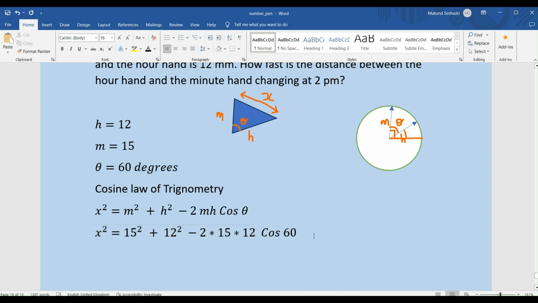So let's take a minute to work this out. What are we arriving at? 15 square is 225, plus 144, which is 12 square, minus 2 times 15 times 12 times cos 60, which is 1 by 2. The 2 in the numerator and the 2 in the denominator get cancelled, and we are left with 369 minus 180, which is 189.